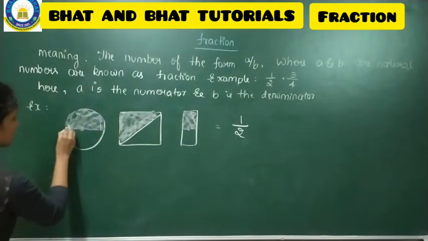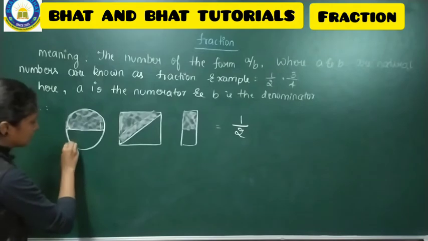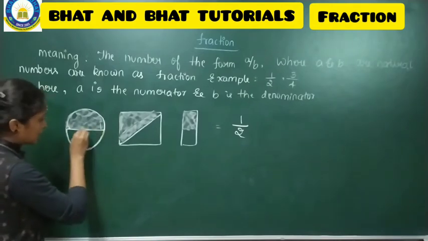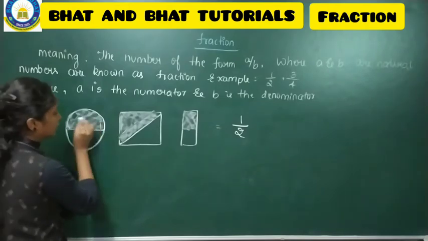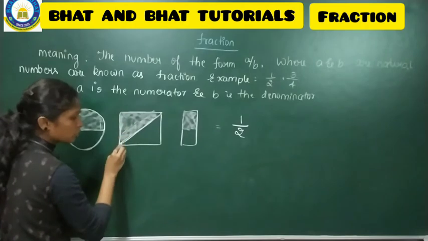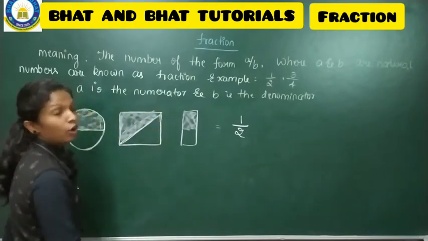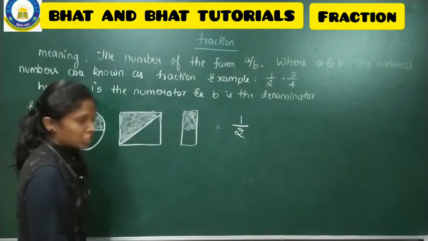Out of two parts, this is the first part, this is the second part. Out of these two parts, the first part has been shaded. Here also, out of these two parts, the first part has been shaded.